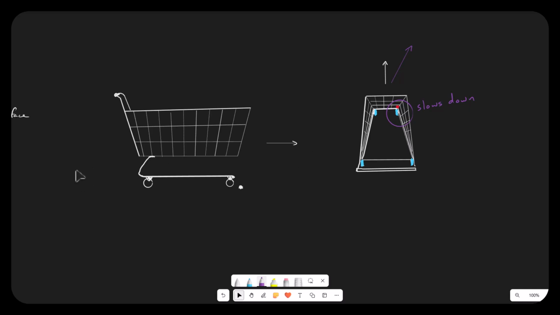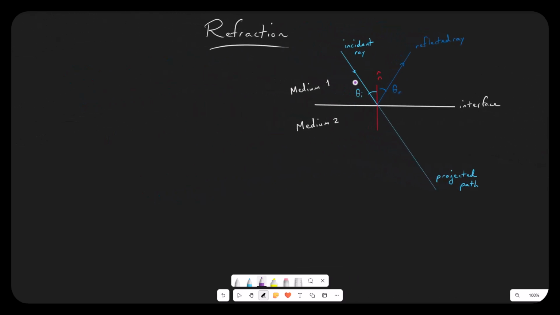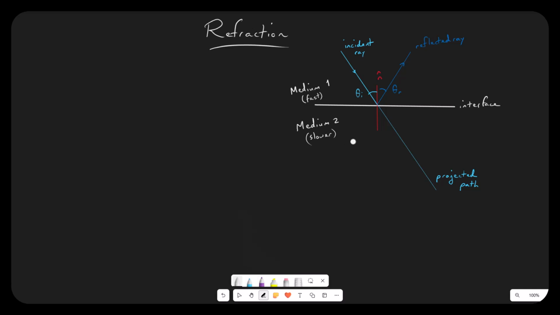So now I want to relate this back to refraction. I was moving this way, and maybe medium 1 is a fast medium. Light moves quickly through here, and medium 2 is a slower medium. So I am hitting a berry, a cherry or something, and I'm going to pretend that I've got my shopping cart this way. 1, 2, 3, 4.